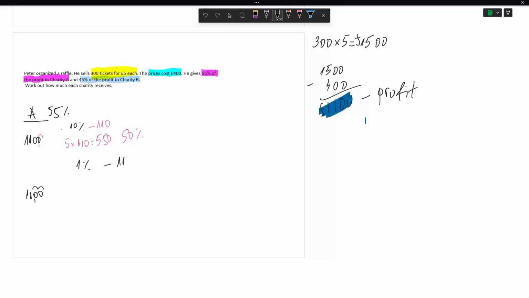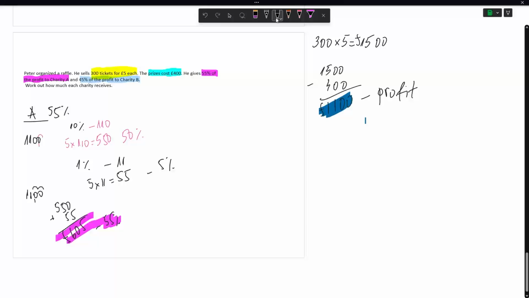So now we have 55%. So we plus it, 550 plus 55, and we're going to have 605. This is our 55%. So 605 pounds is received by charity A.